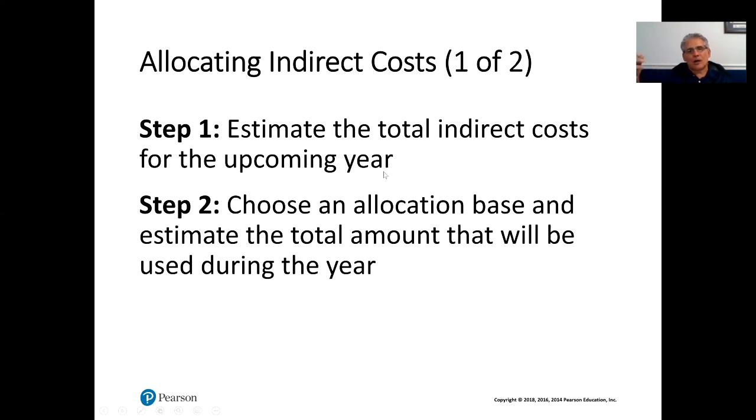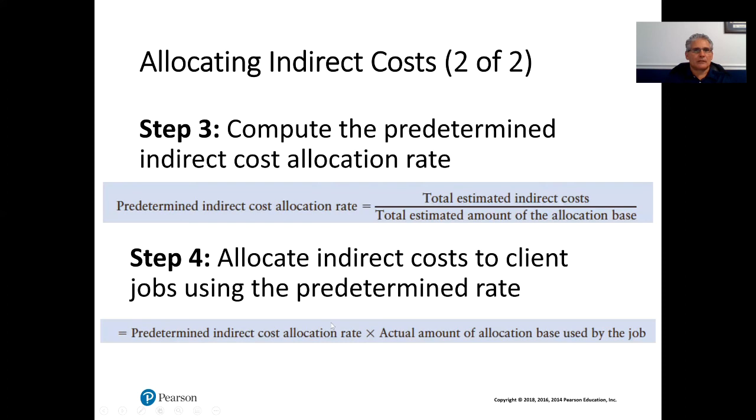We're going to come up with a cost allocation base, or what was referred to as a cost driver, and figure out how we're going to allocate those operating expenses to the jobs so that we know exactly what our basis is. And then we'll come up with a predetermined indirect cost allocation rate, similar to what we just did for our manufacturing companies.